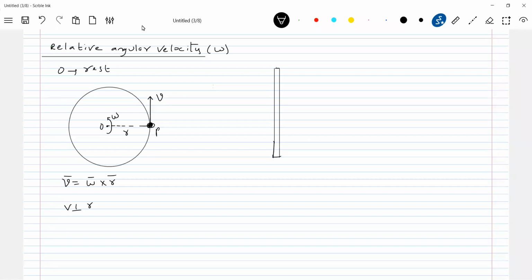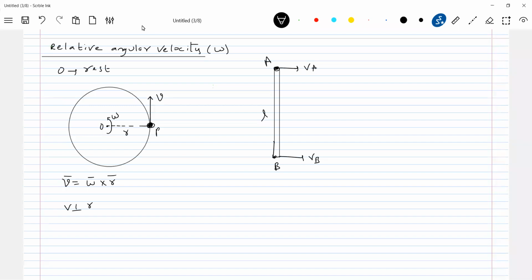Okay, these are the points A and B. Let the velocity of particle A be this one, and this is a length L. Then how to get the angular velocity of the particle A with respect to particle B? So what is the basic definition?